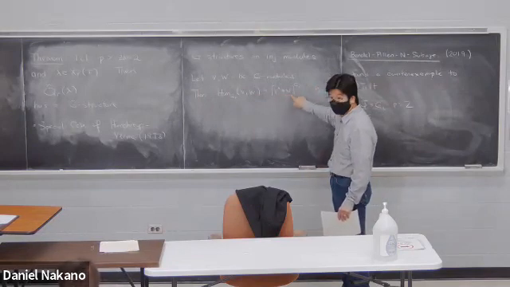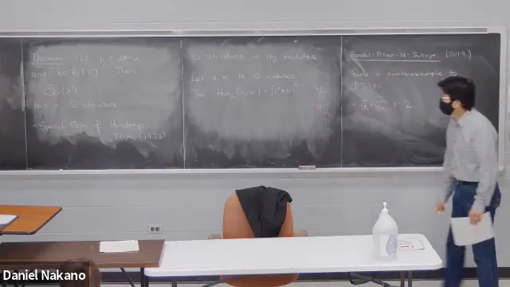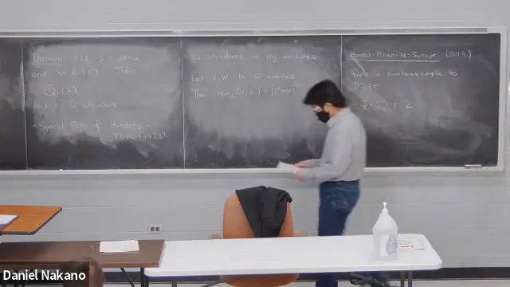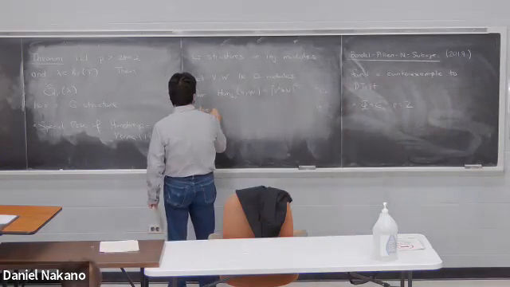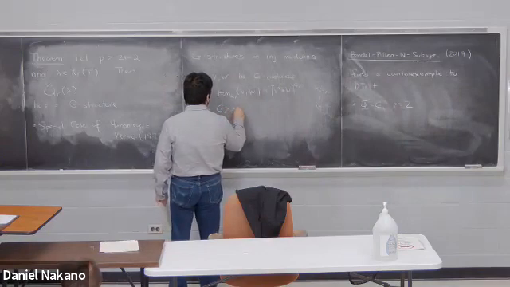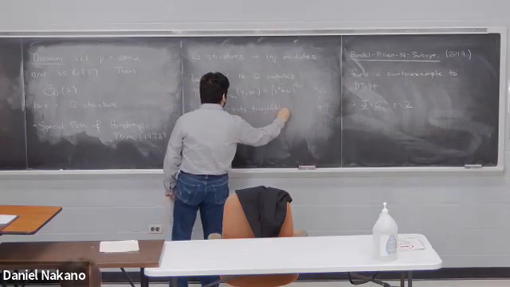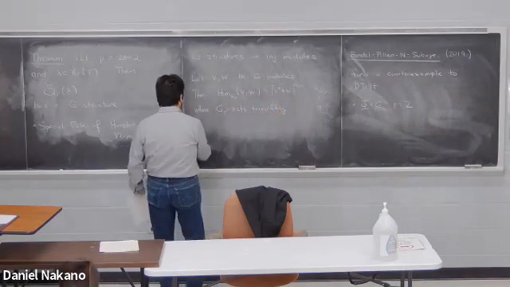This is a G module, this is a G module, and G_r acts trivially, and then you just pull the action back to G. So it's a module for which G_r acts trivially.